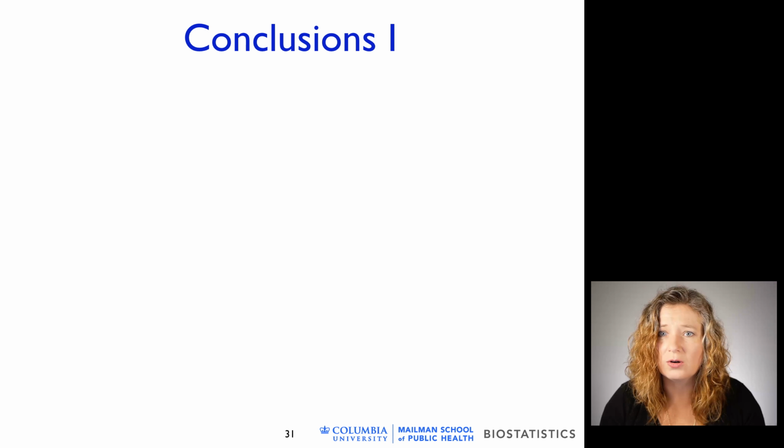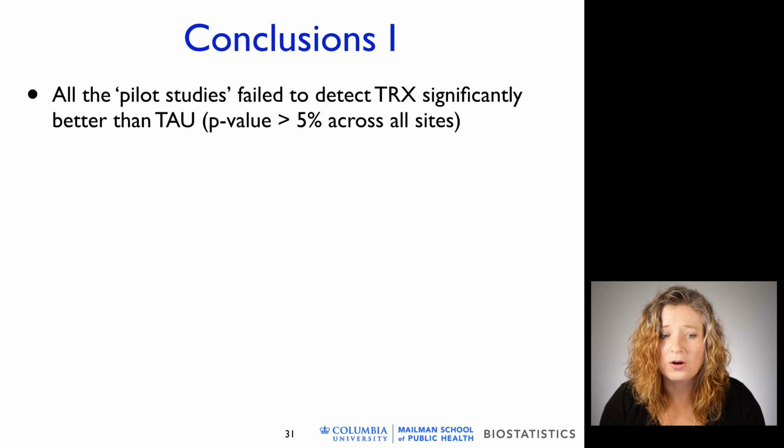So what are the conclusions? Our conclusions are that all pilot studies failed to detect TRX significantly. They failed to detect that TRX is significantly better than tau. The p-values are higher than 5% across all sites.